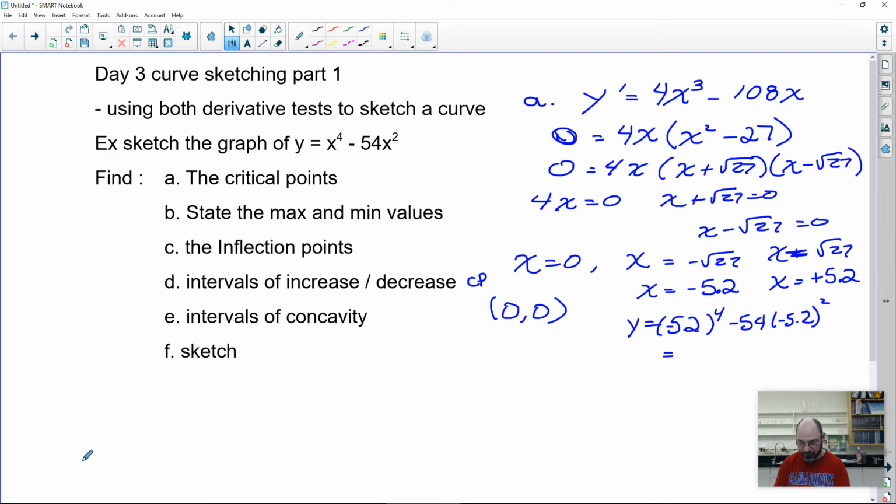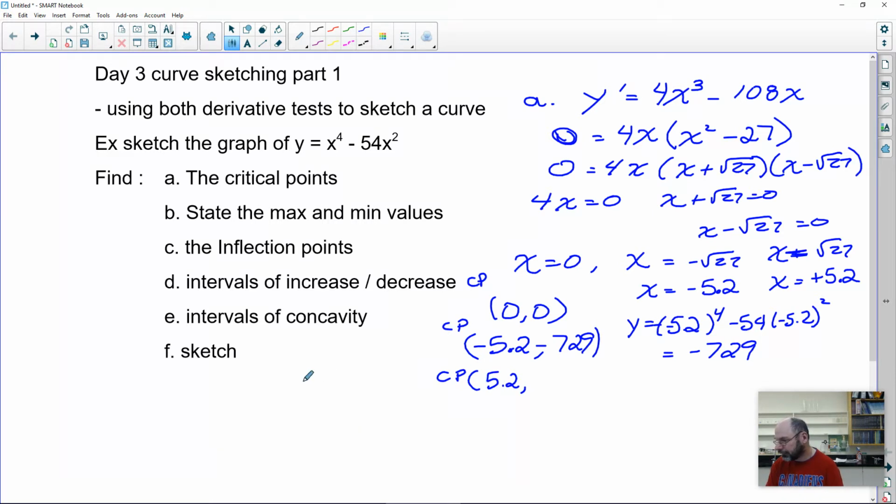So I get approximately negative 729. So our critical point number 2 is negative 5.2 and negative 729. Okay, and our critical point number 3 is 5.2 and, what do we get there for that one?